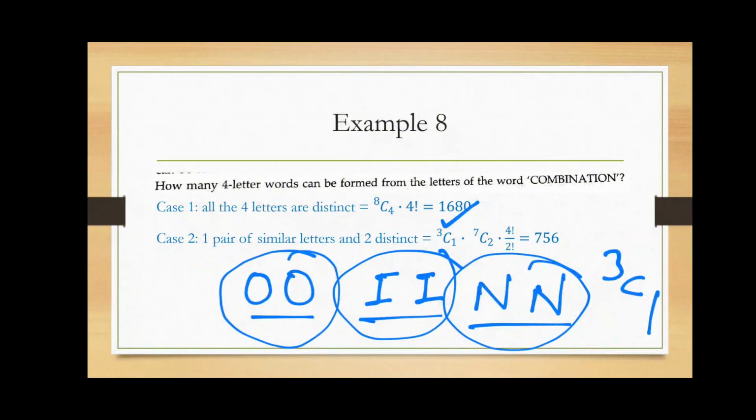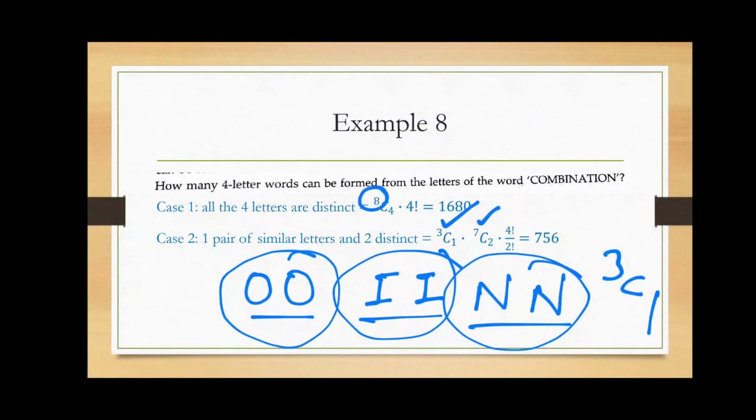Now once I have chosen any one of these pairs, how many distinct letters are left? In total there were 8 distinct letters. I have already chosen a pair of similar letters, so I will be left with 7 distinct letters. Of those 7 distinct letters, I have to select 2. So therefore 7C2, right?